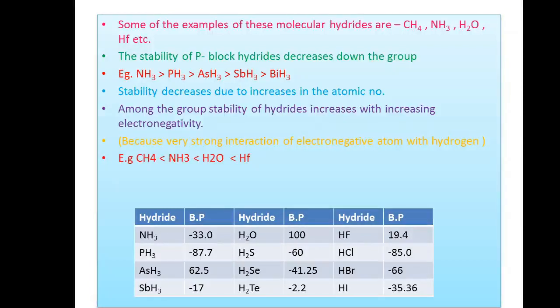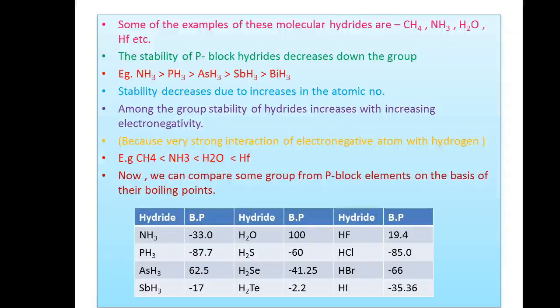For example, CH4 is less than NH3, NH3 is less than water, and water is less than HF. That means fluorine is more electronegative than oxygen, oxygen is more electronegative than nitrogen, and nitrogen is more electronegative than carbon.